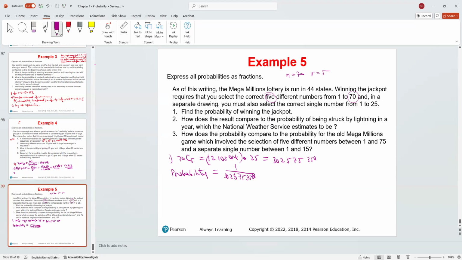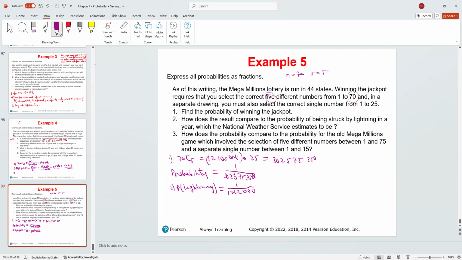Of course, the question they ask you is how the result compares to the probability of being struck by lightning in a year, which the national survey estimates to be a certain value. You could do your own research on it, but last time I checked, the probability of lightning is 1/22200.